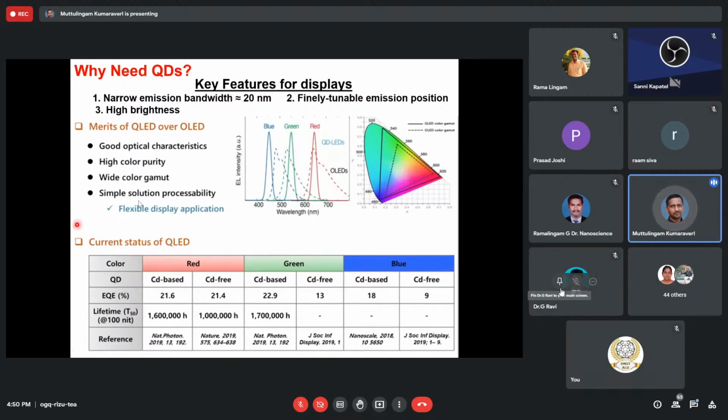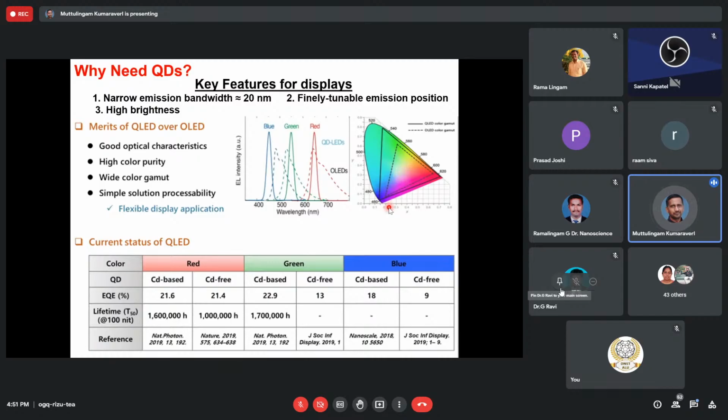You can see the blue-green, which is the dark line, and the dotted line is the OLED one. The OLED has a wide bandwidth, while the very narrow bandwidth spectrum of these colors is actually what we need.